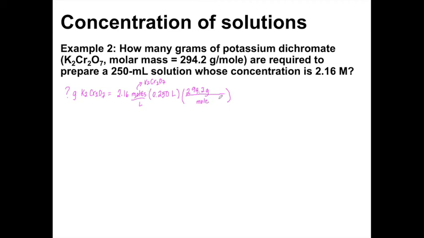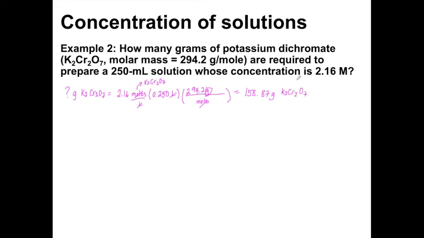So this unit cancels and this unit also cancels, and I end up with grams. Using your calculator, we get a value of 158.87 grams of potassium dichromate.